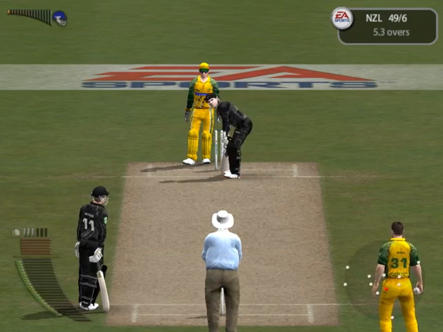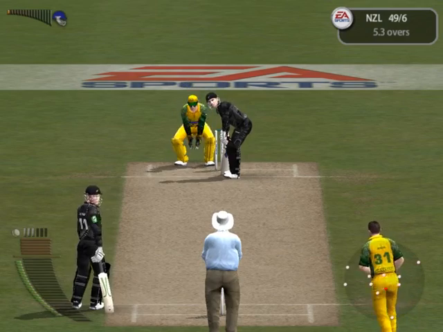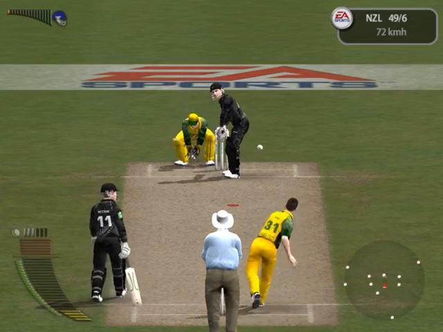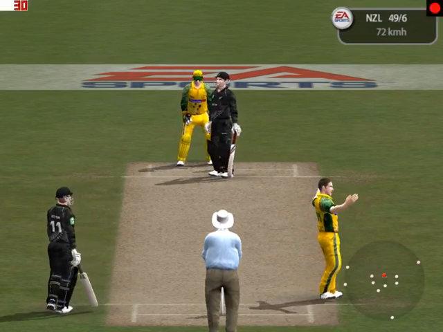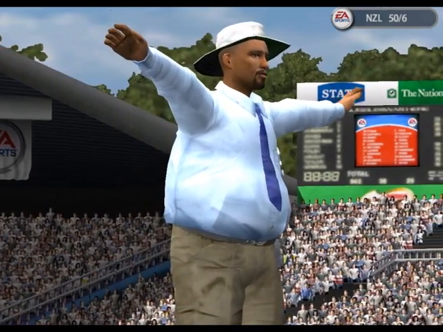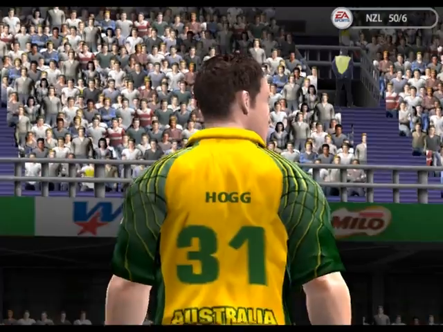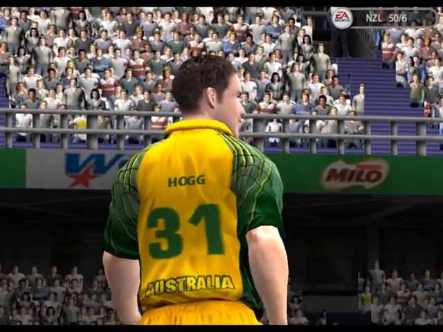McCullum waiting at the striker's end. That's been given as a wide. You can't get away with any width in one-day cricket because the umpire will call you for a wide.